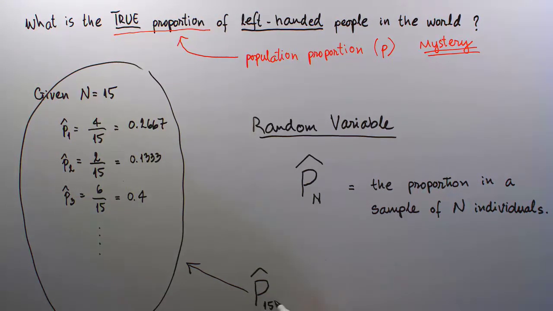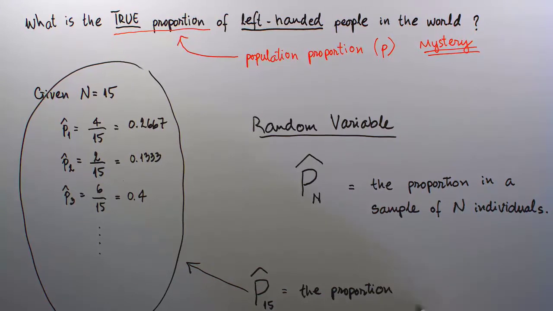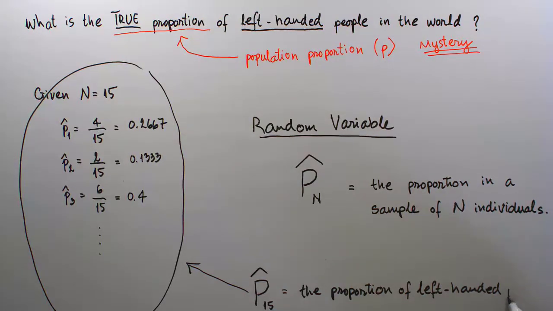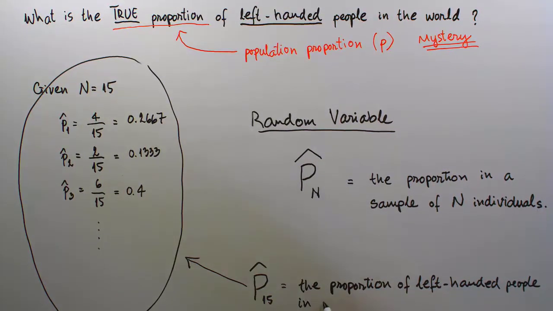Then generally capital P hat 15 in our study here is to represent the proportion of left-handed people in a group of 15.